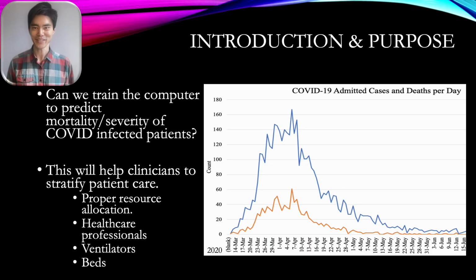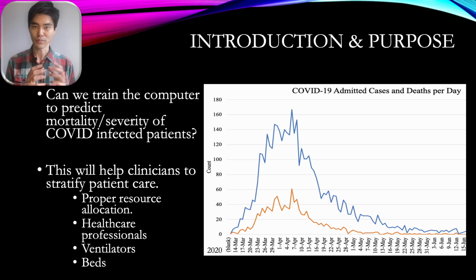So I don't think we need a lot of introduction about what COVID did to us, but from this study, we were trying to answer if the computer can be trained to predict mortality or severity of COVID-infected patients. If the computer could tell us how severe the patient is, then this will help clinicians to stratify patient care.